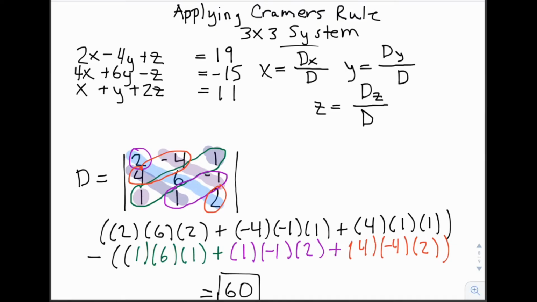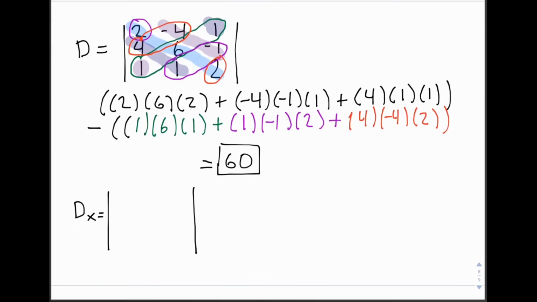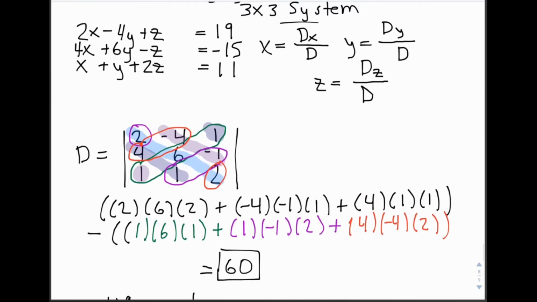So now that we have our constants, let's put that in the column that we need it. That will give us a 19, -15, and a positive 11. And then what else do we have? Well, we have our y and our z.